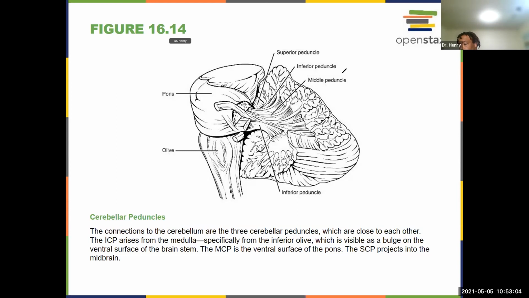The olive fibers, or the inferior olive, represent the fibers that are going to be inputting to the cerebellum, and also partially from the spinocerebellar tract.